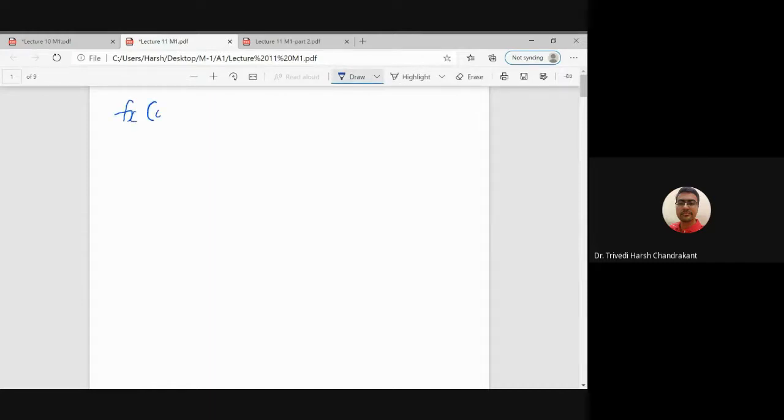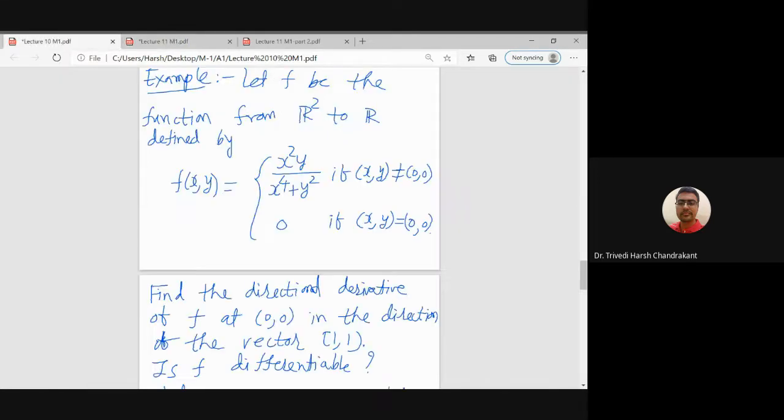fx at the origin is nothing but the limit as h approaches 0 of f(h,0) minus f(0,0), divided by h, and the value of the function is x squared y divided by x to the power 4 plus y squared. By the definition of the function, if x or y is 0, then the value of the function is 0.